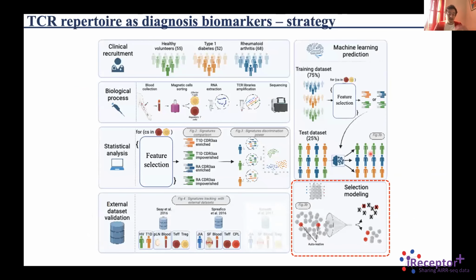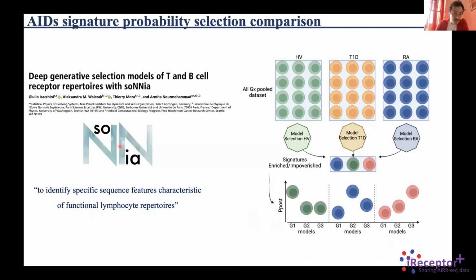And finally, to evaluate the autoreactivity of this enriched effector T cell signature in rheumatoid arthritis patients and in type 1 diabetes patients, we performed a modeling of the selection process. We used the Sonia algorithm proposed by Alexandre Balzac and Thierry Mora and collaborators that allows us to create a selection model based on our datasets to identify specific sequence features characteristic of the functional lymphocyte repertoire.